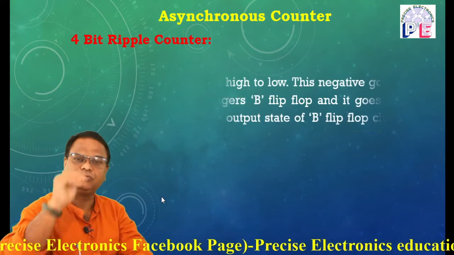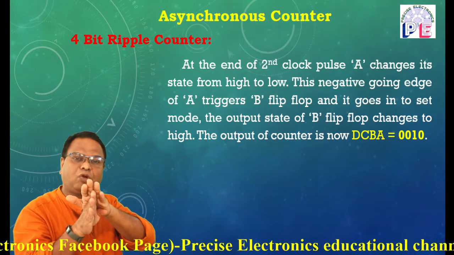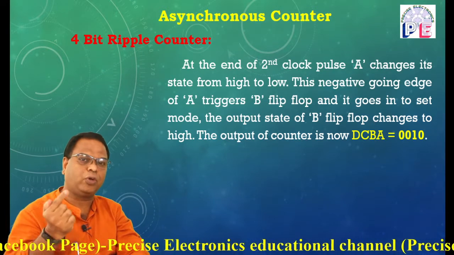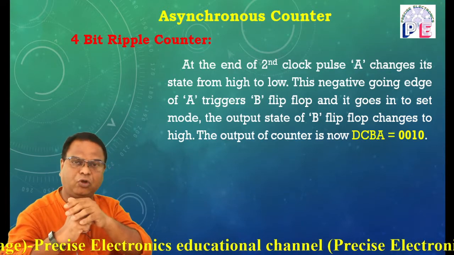Now friends, the next pulse is applied. At the negative edge of the second clock pulse, once again the A flip-flop toggles and its output changes from 1 to 0. A flip-flop drives the B flip-flop.